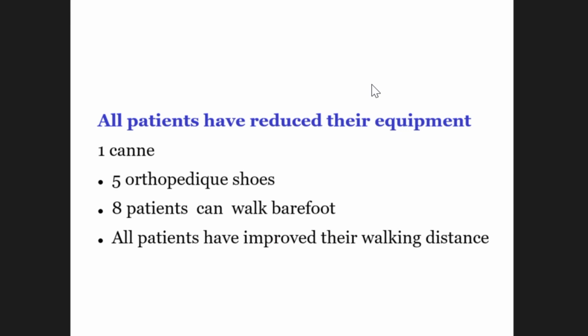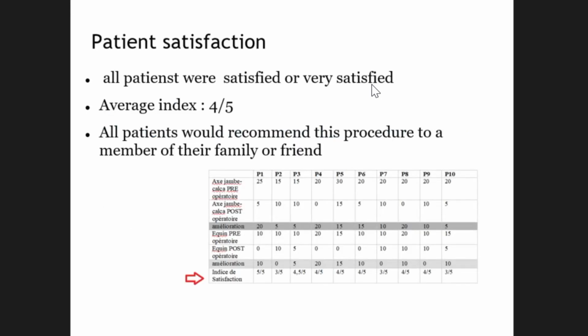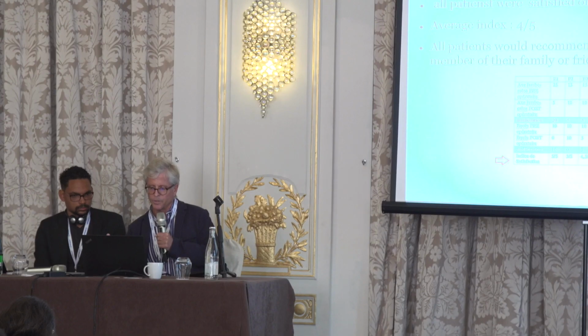All patients reduced their equipment, as you can see on this slide, and all patients improved their walking distance. All patients were satisfied or very satisfied, with an average index of 4 and 5. All patients would recommend this procedure to a family member or friend.